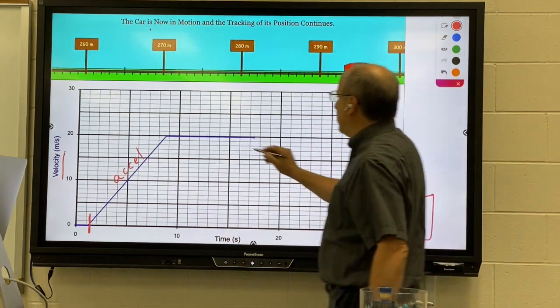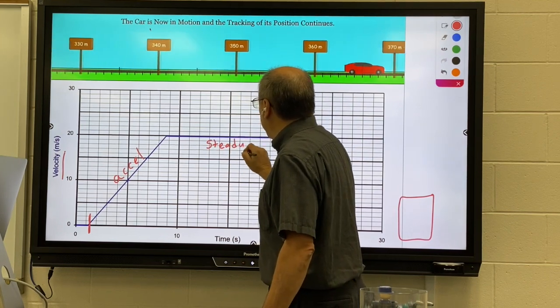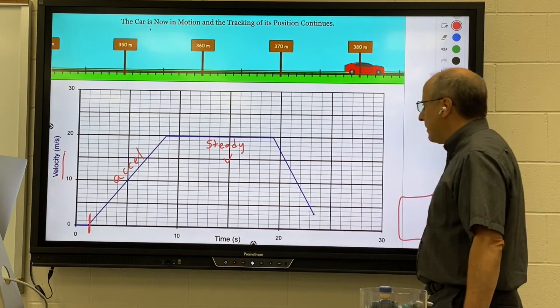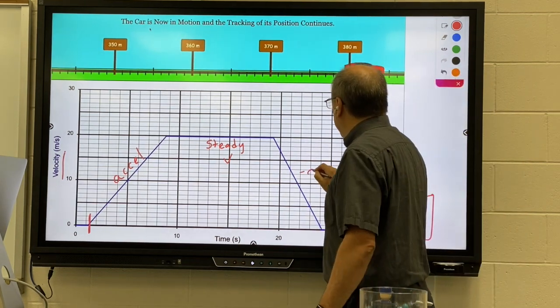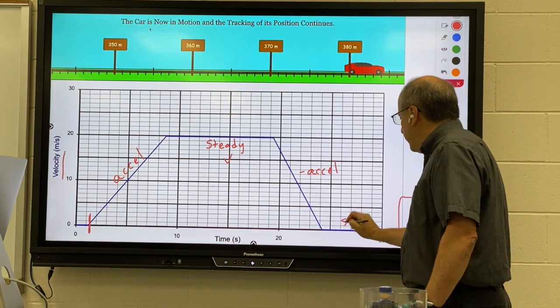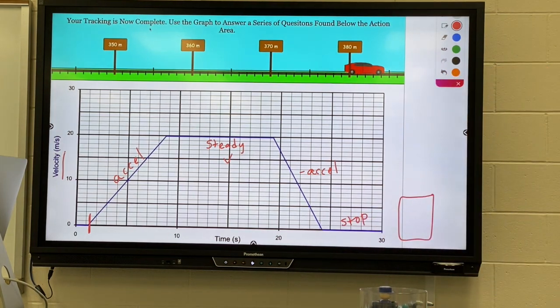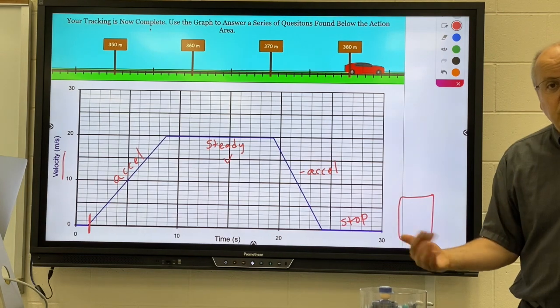Now the car is going at a steady velocity of about 20 meters per second, and now it has a negative acceleration. It's slowing down. And finally, the car is at rest again for maybe the last 6 seconds. So when you see this graph, you should be able to tell what the car is doing.